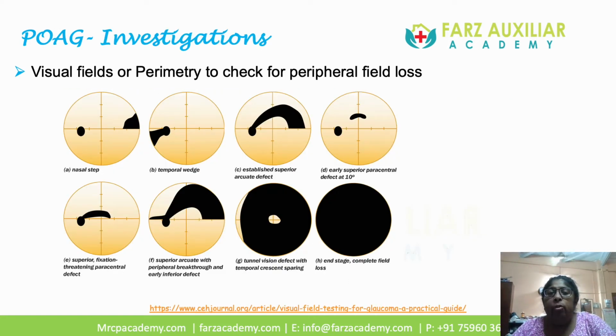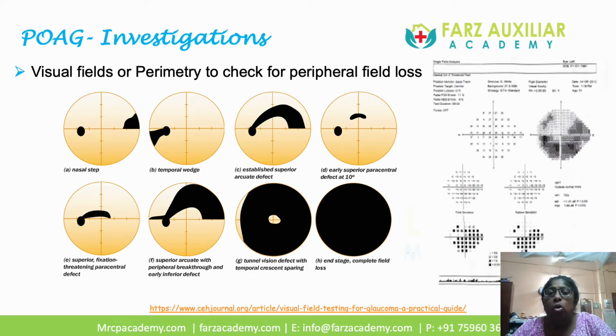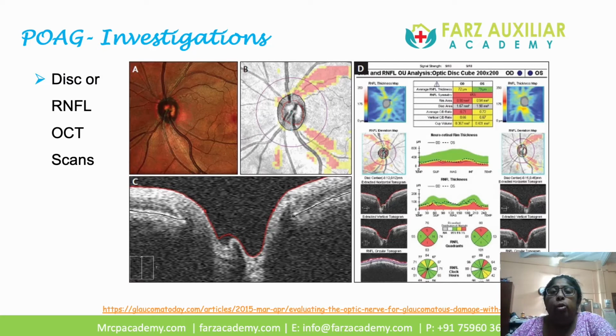Visual fields or perimetry are done to check for peripheral field loss. These are the typical glaucomatous visual field effects, and this is a standard automated perimetry printout for someone with advanced POAG. Optical coherence tomography or OCT scans have become an important tool for the clinical evaluation of the optic nerve and retina.